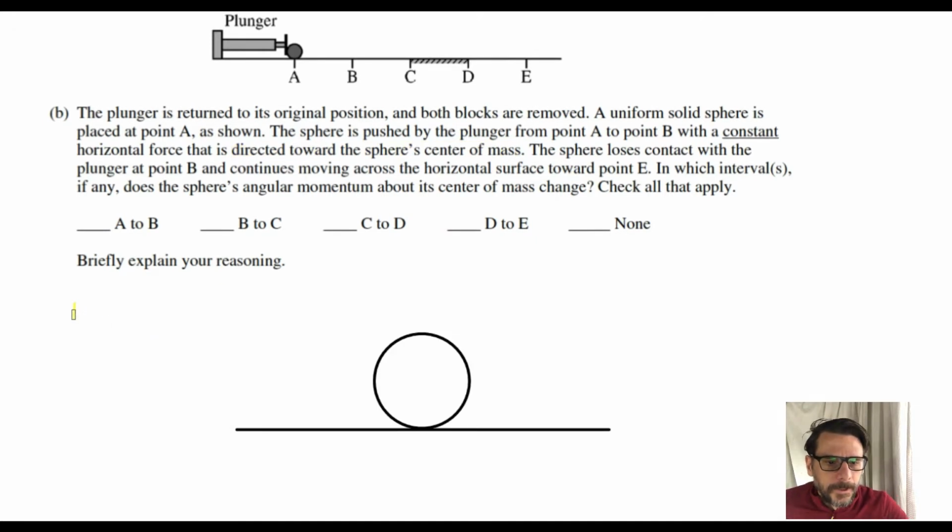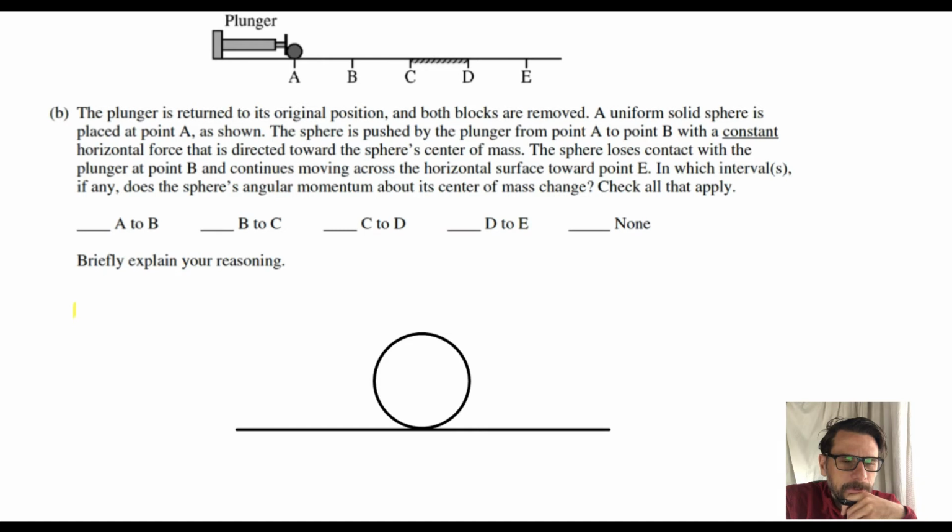Now the angular momentum will play the lead role within this problem, and we know that the angular momentum changes only if there is a net torque acting on the system. Forces are not enough to introduce a change in the angular momentum. We need forces that are exerting a certain amount of torque within the system.